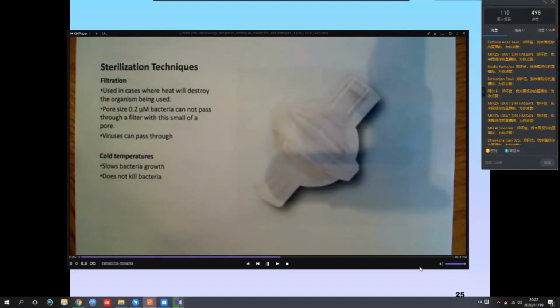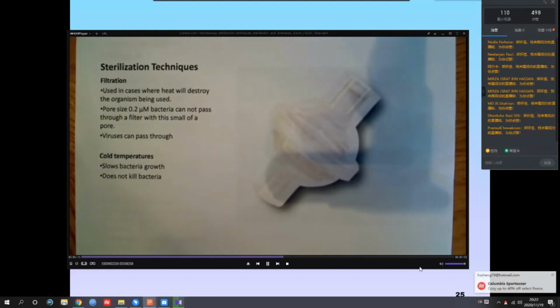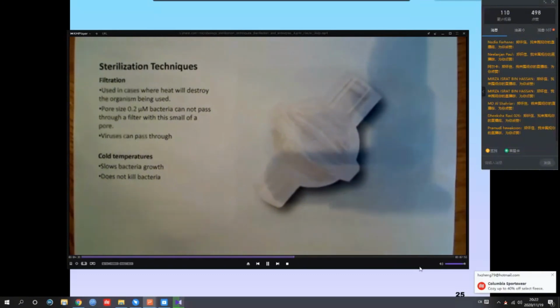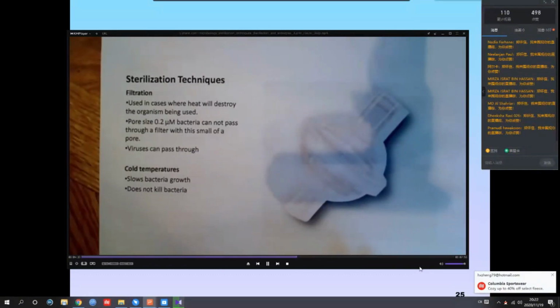Things that might pass through the filter will be things like viruses, because they're much smaller. It's unlikely, though, that you're going to have viruses laying around on your bench at the lab. Maybe you will, maybe you won't. But in most cases, it's something that's kind of insignificant, so you don't really need to worry about it.